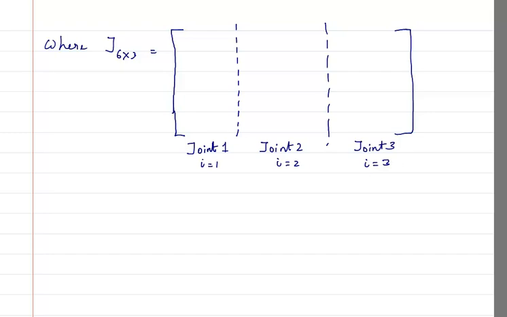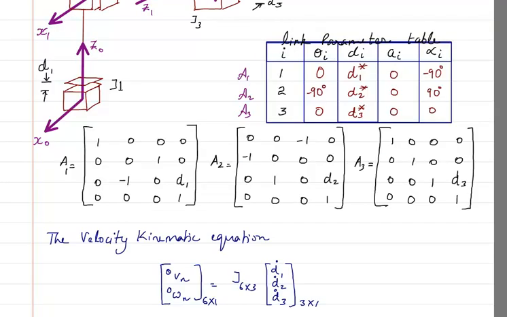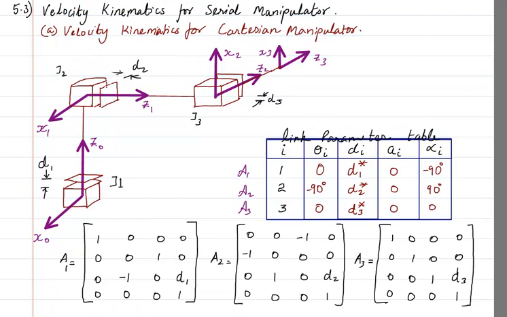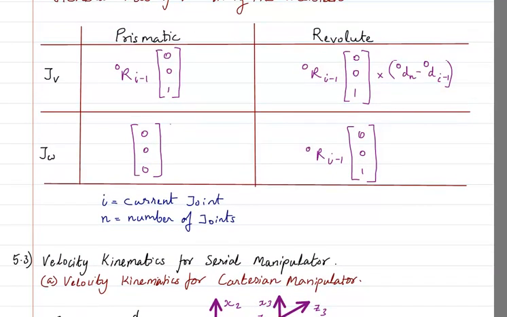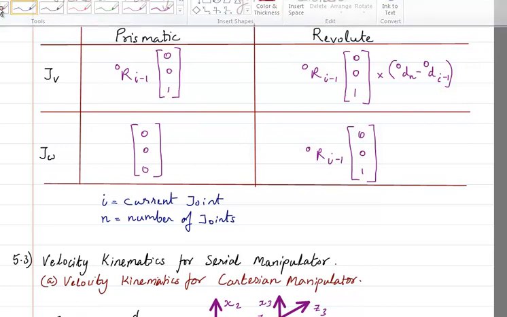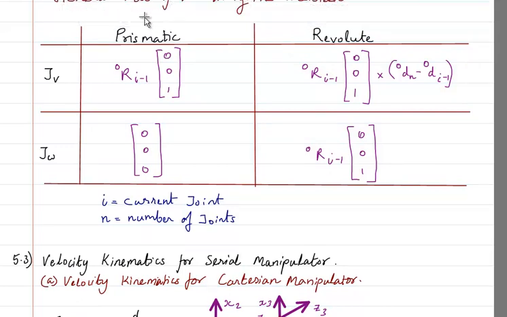Now if you look at the Cartesian structure here, all 3 are prismatic joints, and for a prismatic joint this is the simple formula. If you remember, I had already talked about this in the previous video. For a prismatic joint, to write the column we use these two. So I will write the same one. Remember, here i is the number of the current joint.